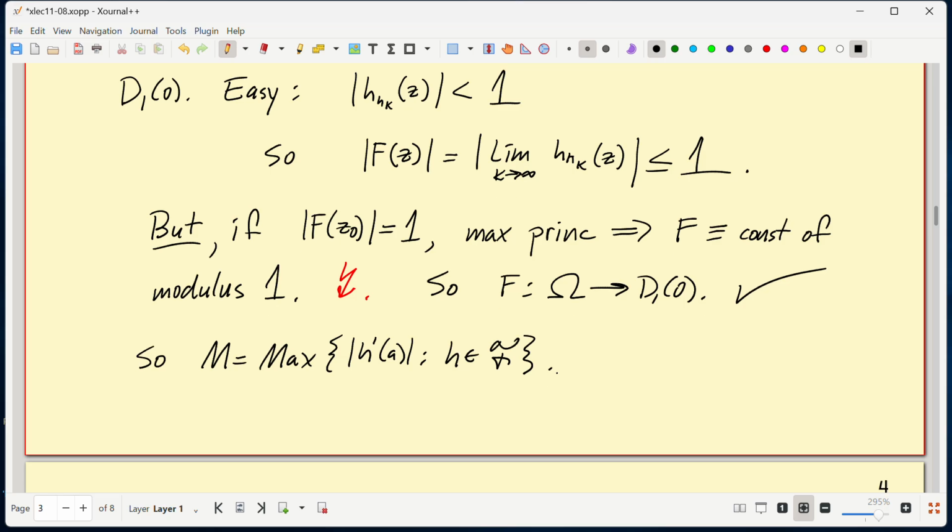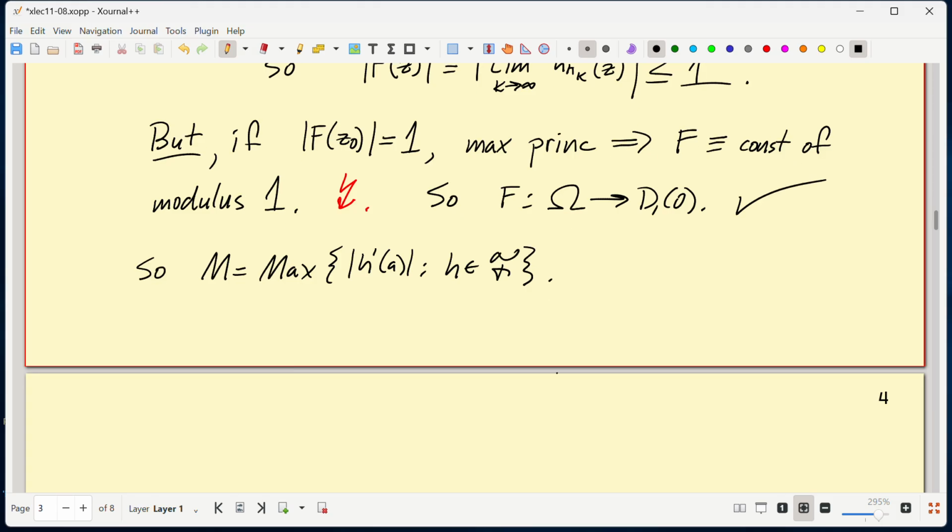Okay, the last step is that f is onto. And that's going to be another Schwarz lemma, and a clever use of Schwarz lemma. So that f is onto the disk. Okay, let's suppose not.